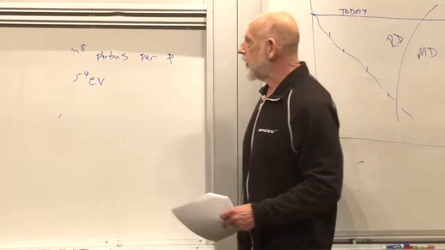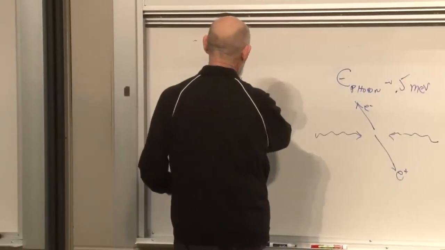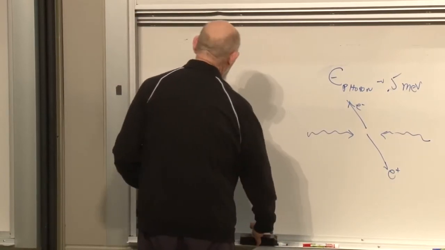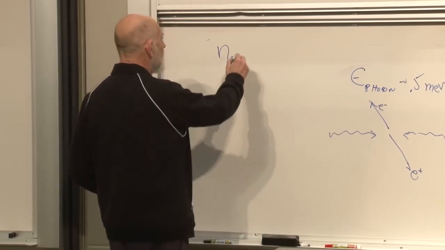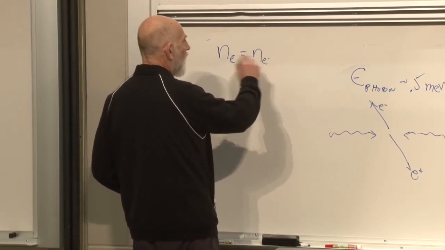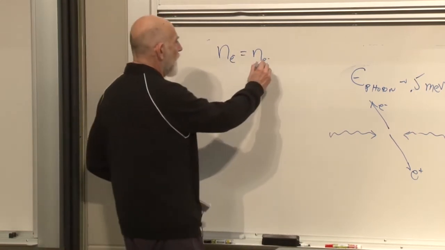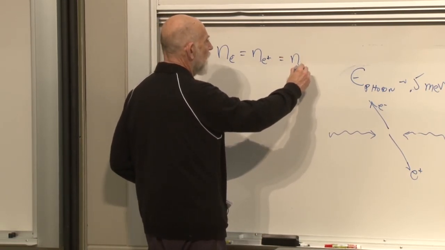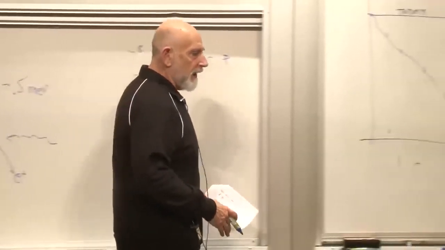And in fact, when you're at thermal equilibrium at that temperature, the number of electrons is equal to the number of positrons, not quite, we'll see in a moment, but close. The number of electrons is about equal to the number of positrons, which is about equal to the number of photons. In other words, it's a soup consisting of electrons.